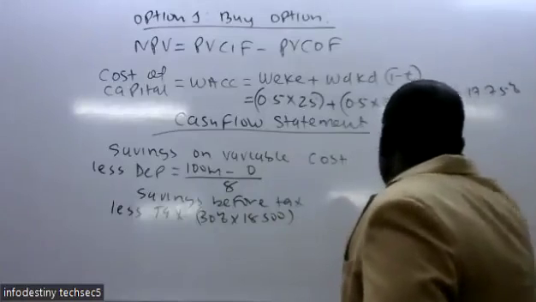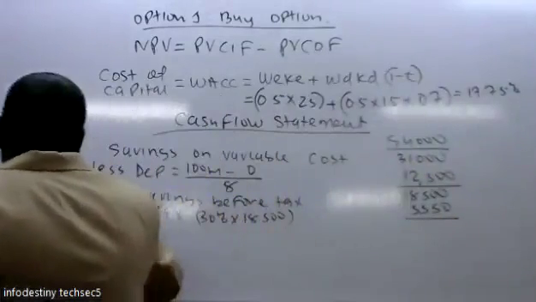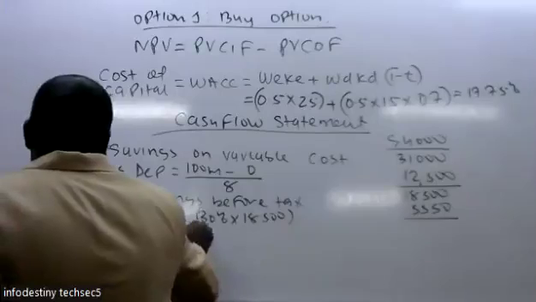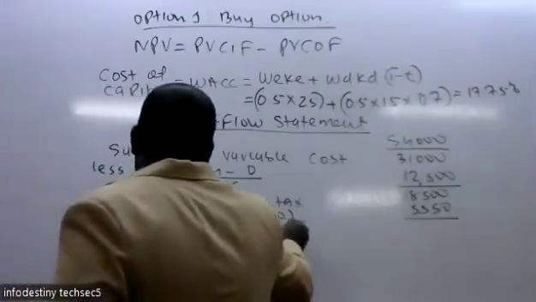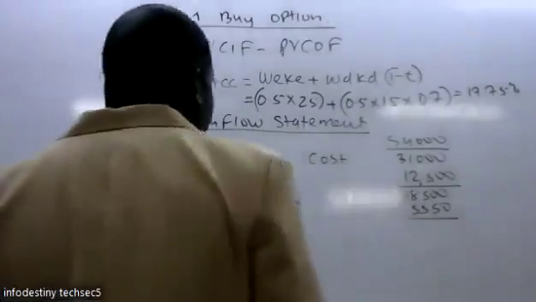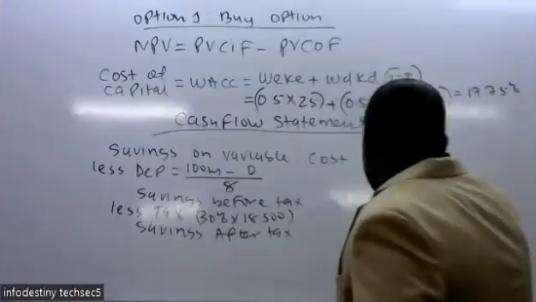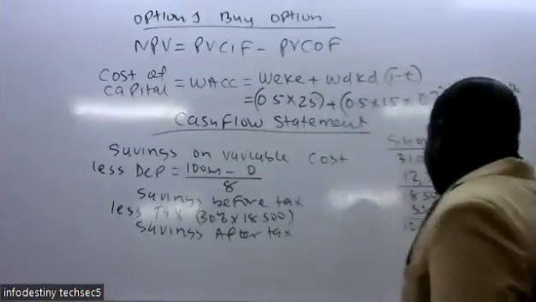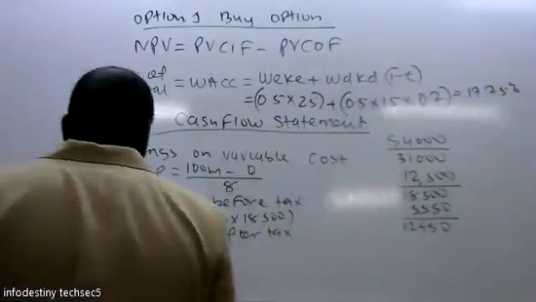So when you subtract, we now get the savings after the tax, which should be 12,950. Then after that, we add back depreciation.